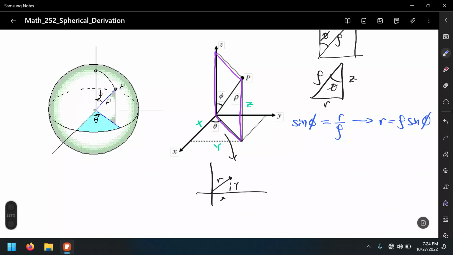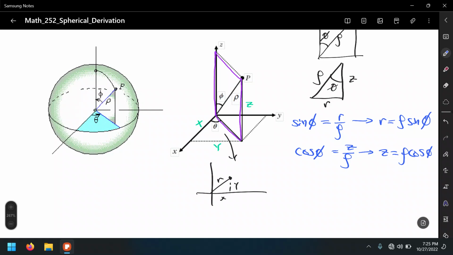And at the same time, we can get cosine phi, which is adjacent, that is z, over hypotenuse, which is rho, which means that z equals rho cosine phi.